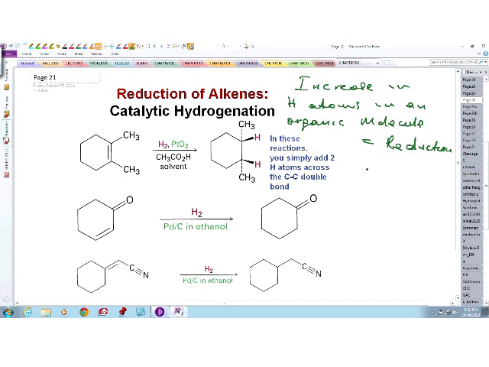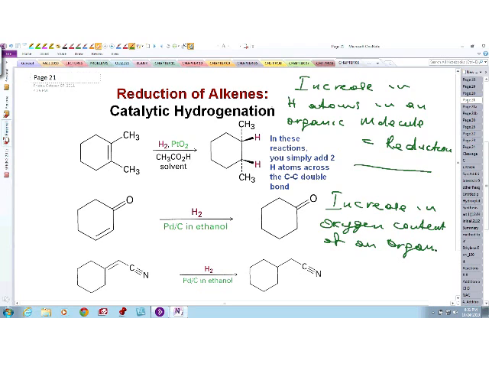On the other hand, if you increase the oxygen content of an organic molecule, we refer to this as oxidation.